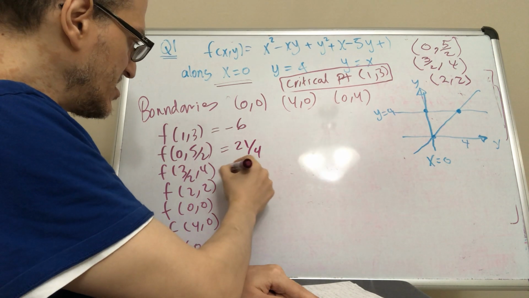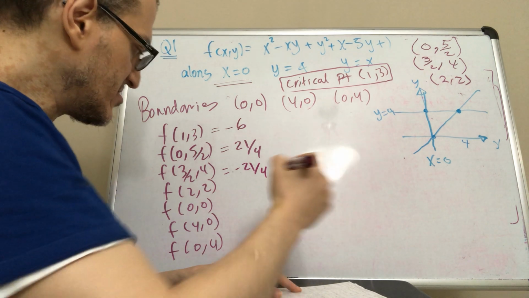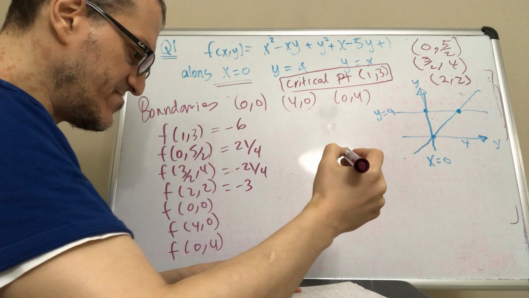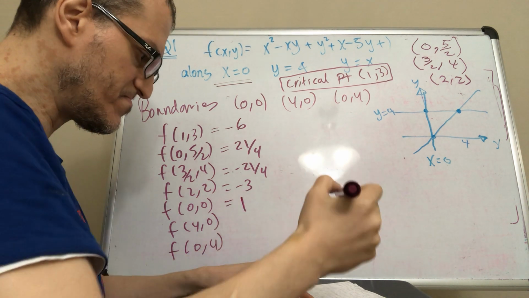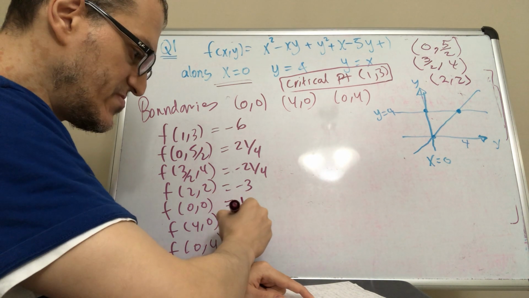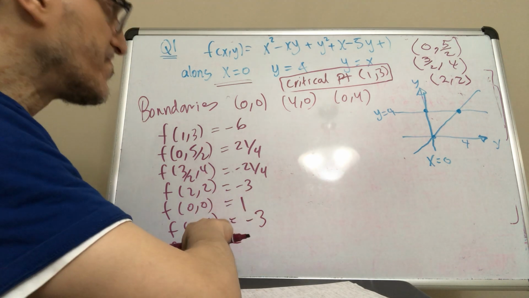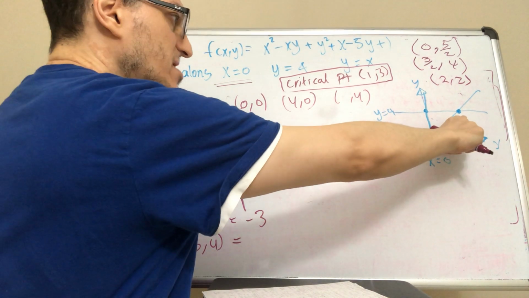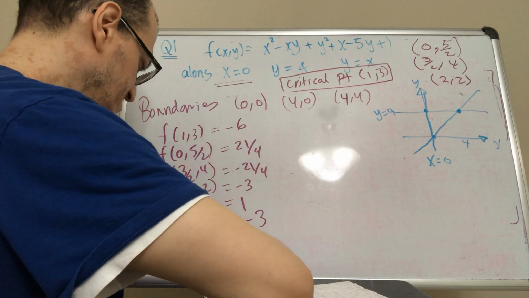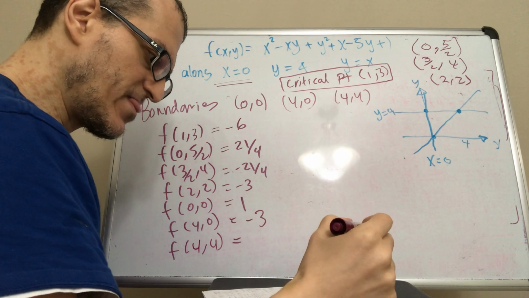This will give you negative 21 over 4. The (2, 2) will give you negative 3. (0, 0) will give you 1. This will give you negative 3. And this is the other boundary here, (4, 4). And the last one will give you 1.